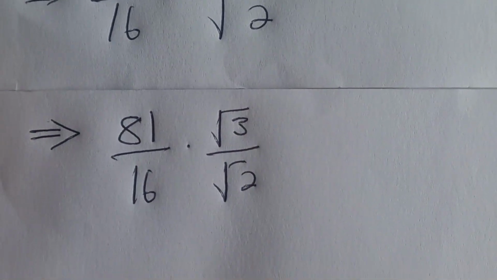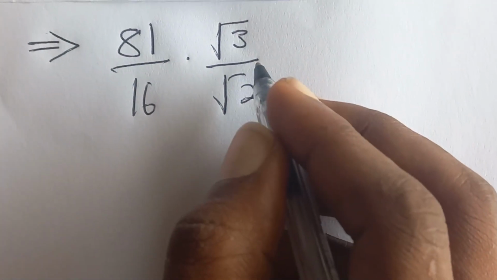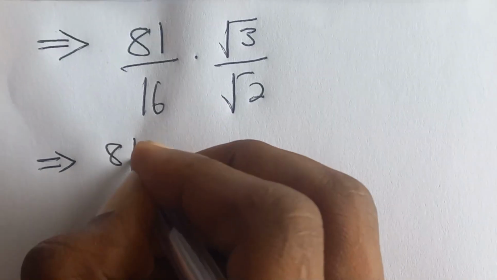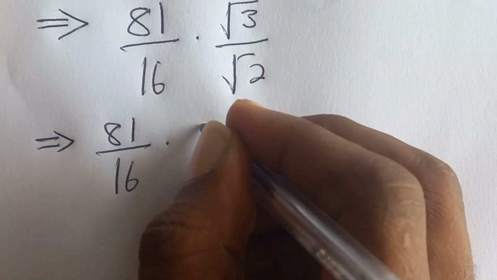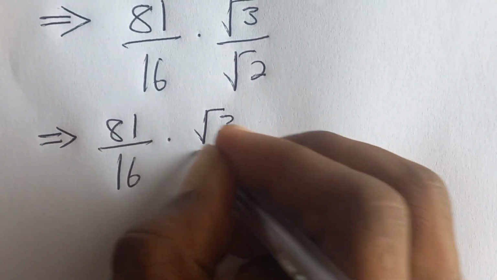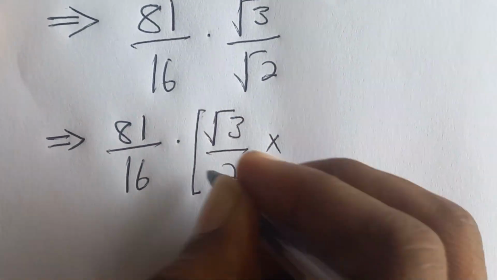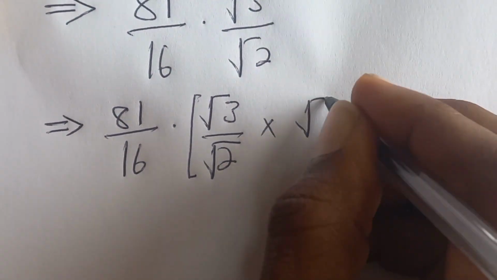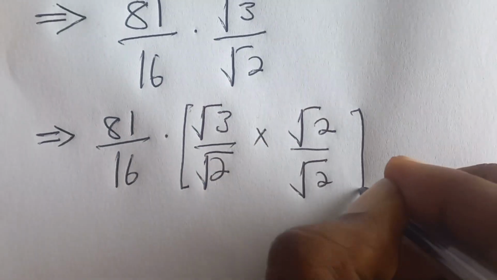Okay, now we need to solve this first. So to solve this, we have to rationalize it. So our expression becomes 81 over 16 multiplying by square root of 3 over square root of 2, times square root of 2 over square root of 2, like this.